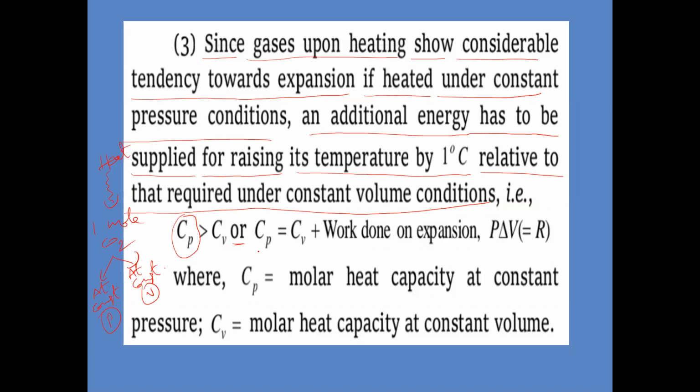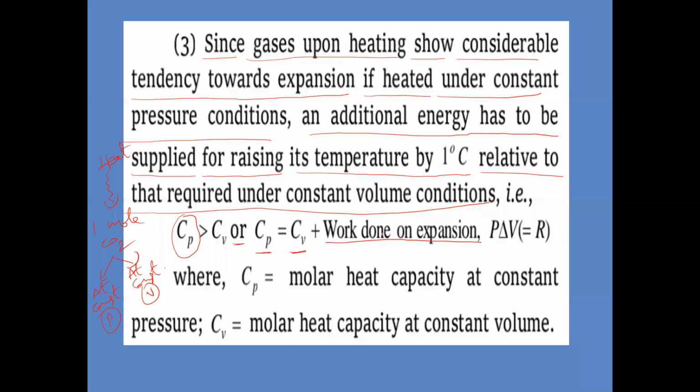Or we can say that the Cp value is equal to Cv, that is, molar heat capacity at constant pressure is equal to molar heat capacity at constant volume plus the work done on expansion. When the gas is expanding, some work will be done by the gas.